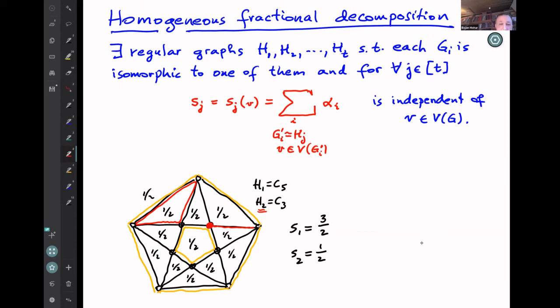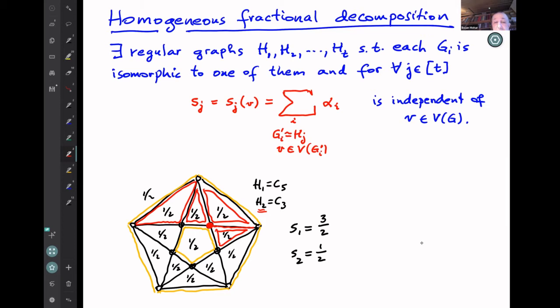So 3 triangles, this one, and the one here. So these 3 triangles containing the vertex, and 1 pentagon containing that vertex. And every vertex has the same feature.